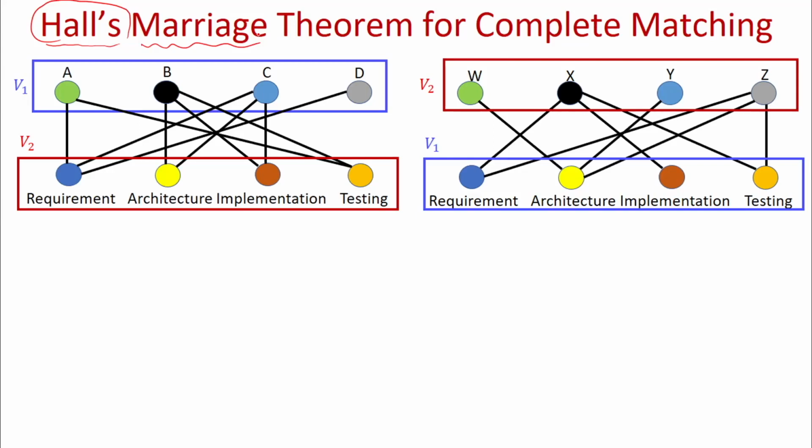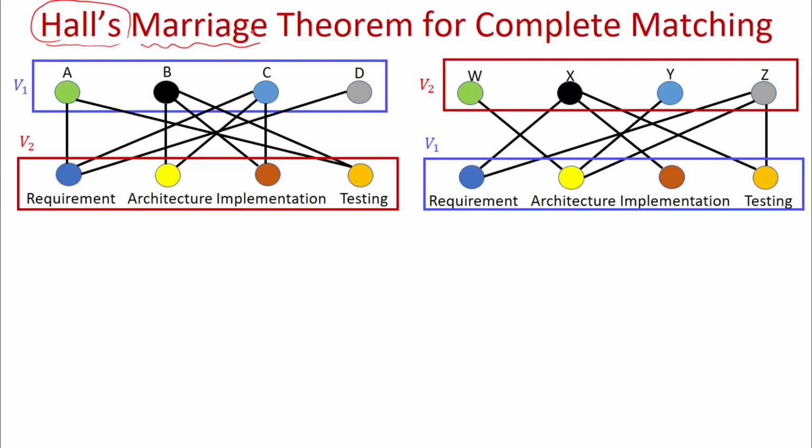Okay, so that's equivalent to saying that I want to find a complete matching from the set V1 to V2. Hall gave the necessary and sufficient condition for that problem, and that condition is also called Hall's marriage condition.